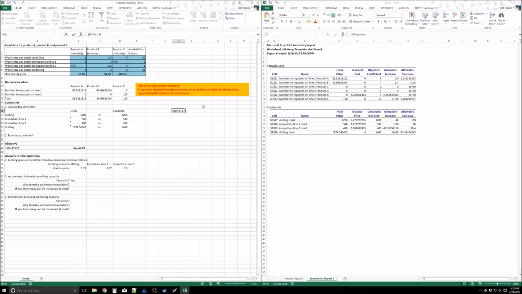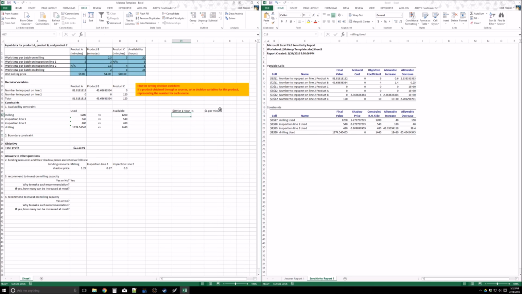So, for example, the first binding constraint that we have here is for milling, and as you can see on the right, for allowable increase, I'm looking at the right hand portion of the screen, it can go up by an additional 48 minutes.